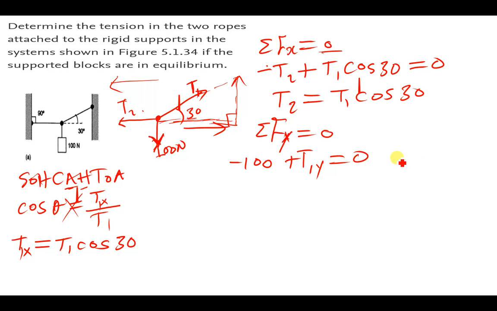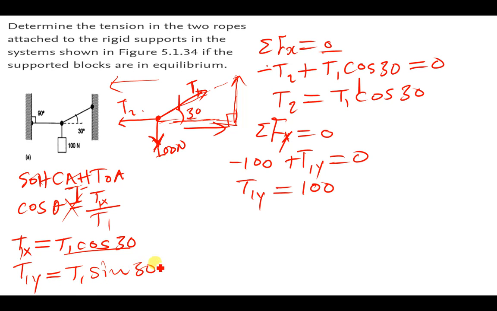So negative 100, we take it that side, so T1 in the y is equal to 100. But remember, this is a component, so we have to express T1 into a y component. Since in the x we used cos, in the y it's going to be T1 sine 30. So we have T1 sine 30 equal to 100.